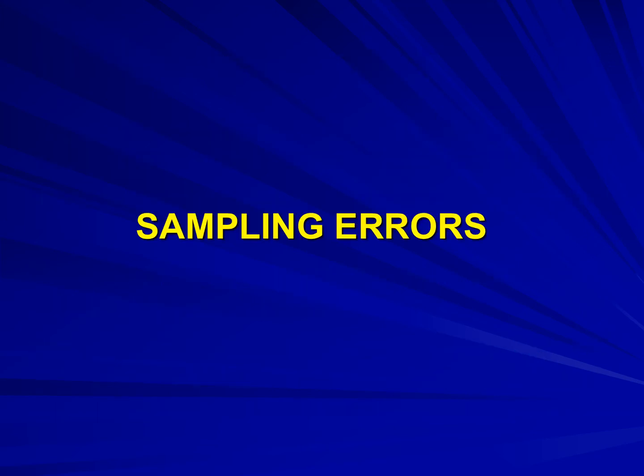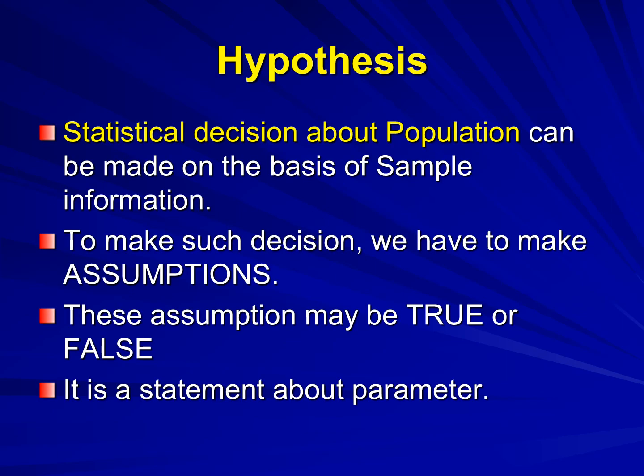Let's understand the concept of sampling errors. To understand sampling errors, it is important to understand the concept of hypothesis. You have heard this word hypothesis previously also. In statistics, the meaning of hypothesis is an assumption. Suppose you are studying the relationship between smoking and lung cancer.